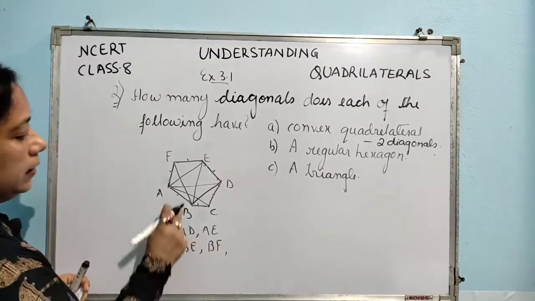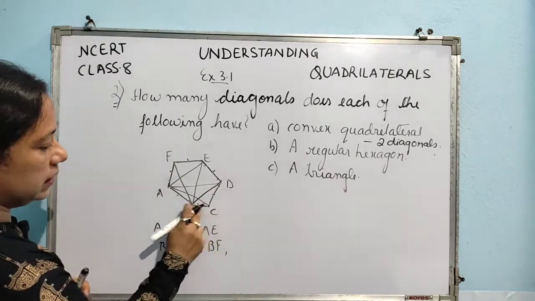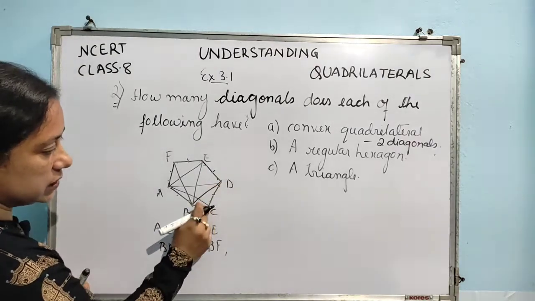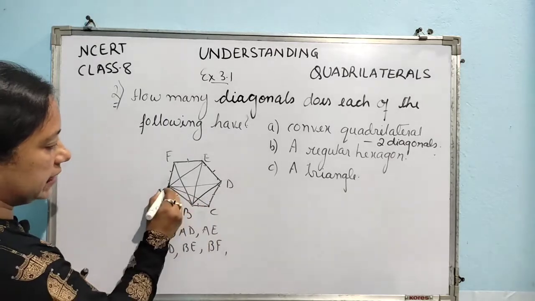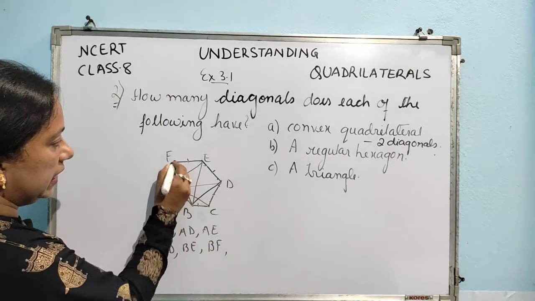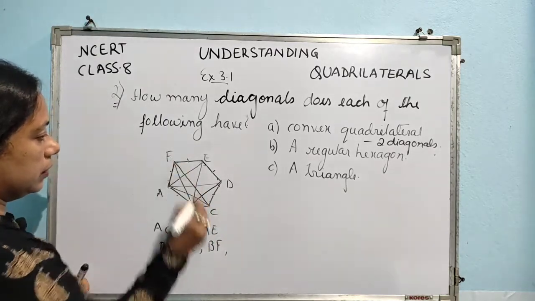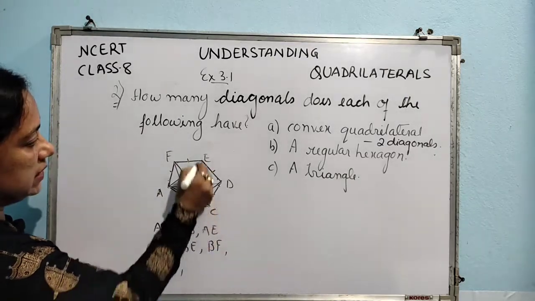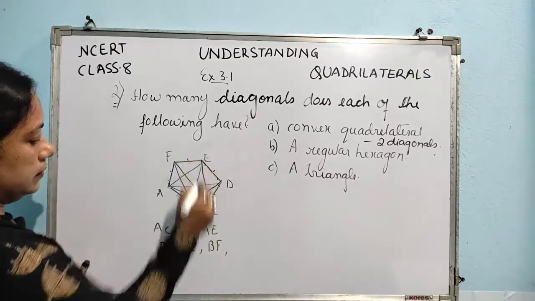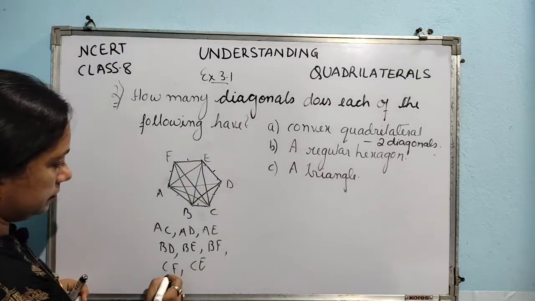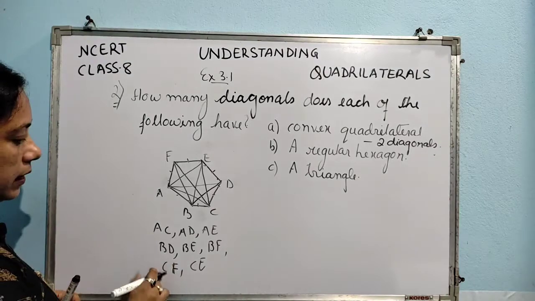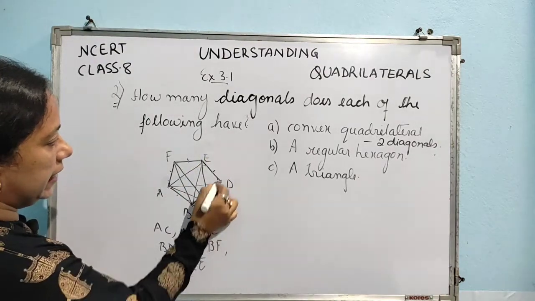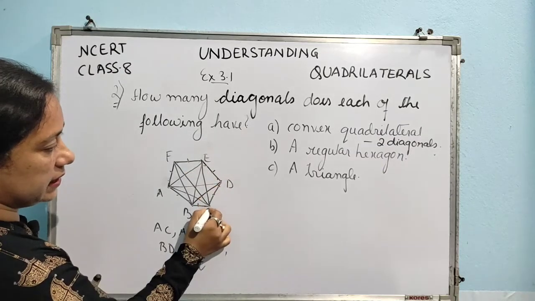Now considering C, from C, B and D are the consecutive vertices. So leaving these 2, we will be joining. CA already drawn, CE, CF. I am joining CF. Then we are having CE. Done. Now considering D, E and C are the consecutive vertices.